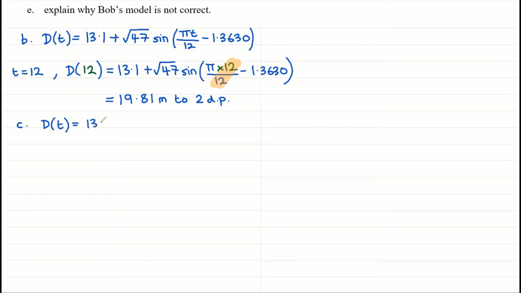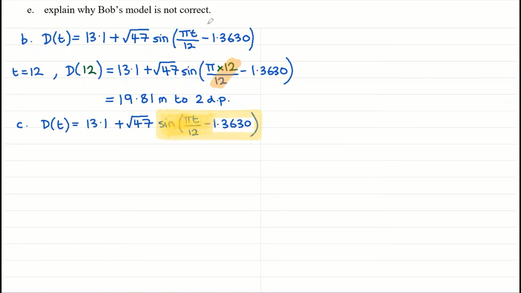that we've got all these ingredients in our model, so it makes it look very complicated. Okay, so it's the sine of pi t over 12 subtract 1.3630. All right, so let's just think about what this is telling us from what we know about transformations. For example, if we consider the sine part of the model, what do we know about sine functions?